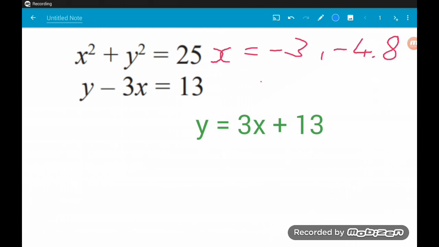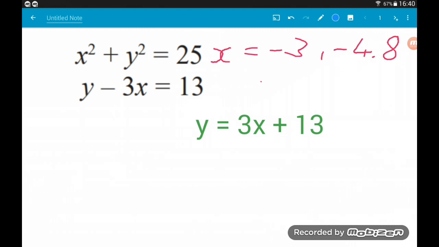Okay, then the last little bit we need to do is find the two y coordinates. So what we've got so far, we've got our two x values, minus 3 and minus 4.8. To get our two y values, we substitute each x value into our linear equation that tells us what y is. So y equals 3x plus 13. So we do it separately.